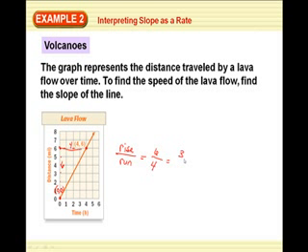That reduces to 3 over 2, and that rise is miles, and down here the time is hours. So it goes 3 miles in 2 hours, or at that same rate it'd be 6 miles in 4 hours, but the rate or the slope would be 3 over 2, 3 miles in 2 hours.